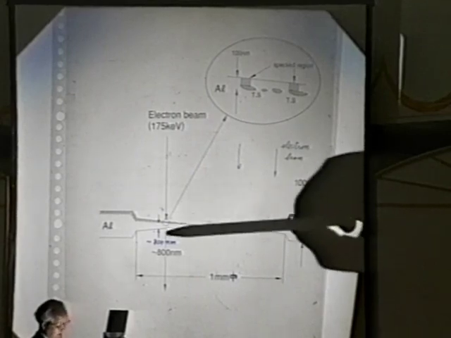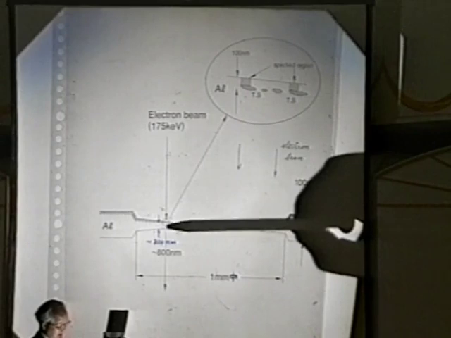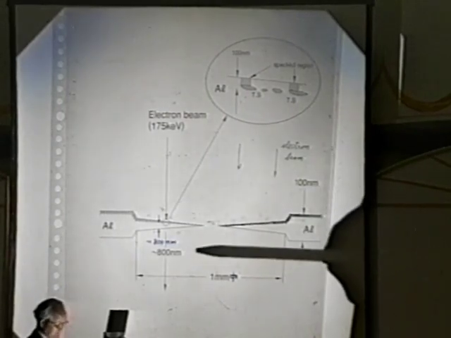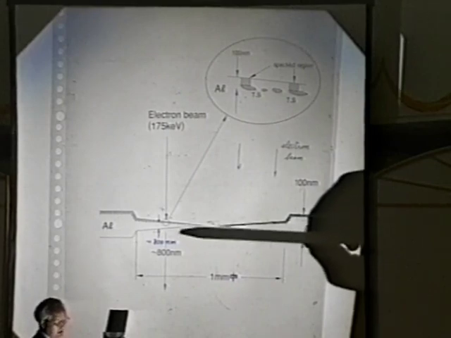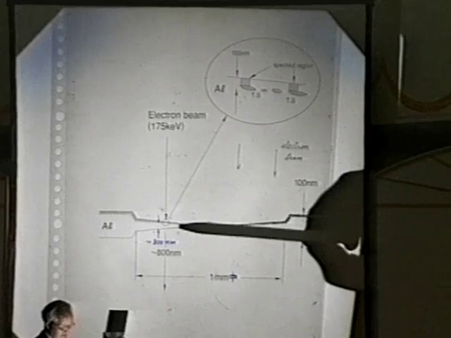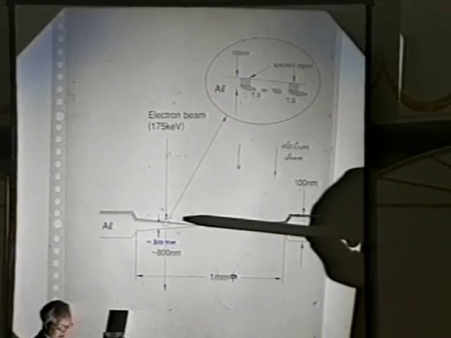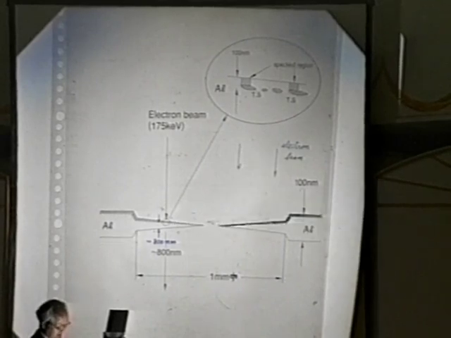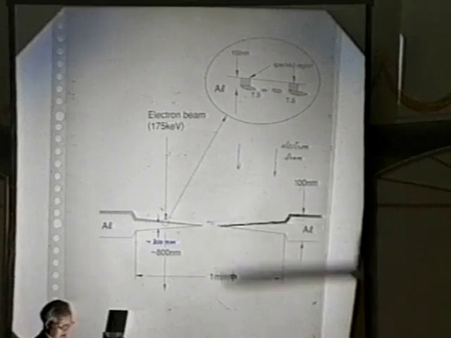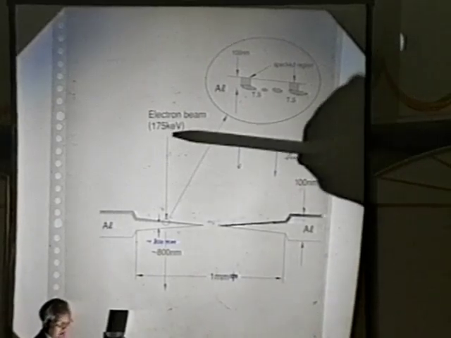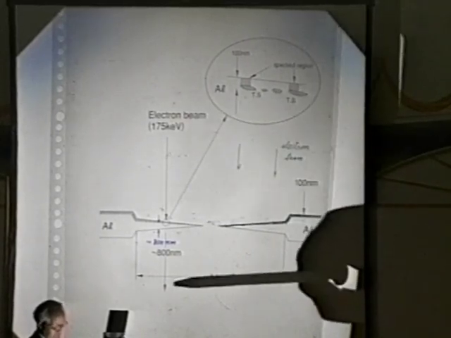The average thickness of the specimen is roughly 800 nanometer, and the implanted region depth is roughly 90 nanometer. So it's just a thin layer. And a 175 keV electron beam comes down.